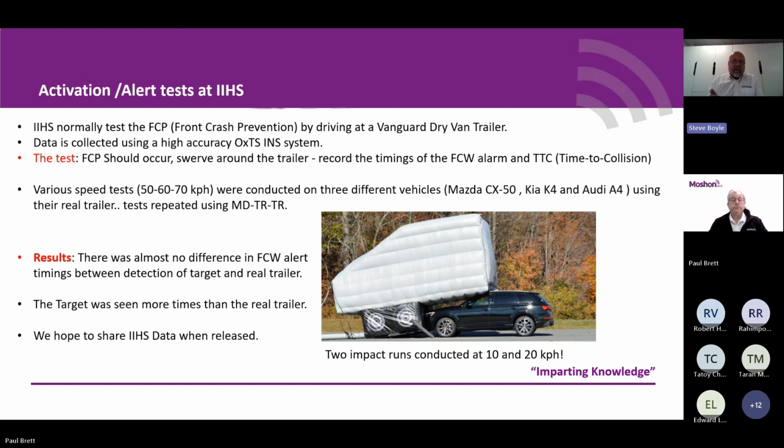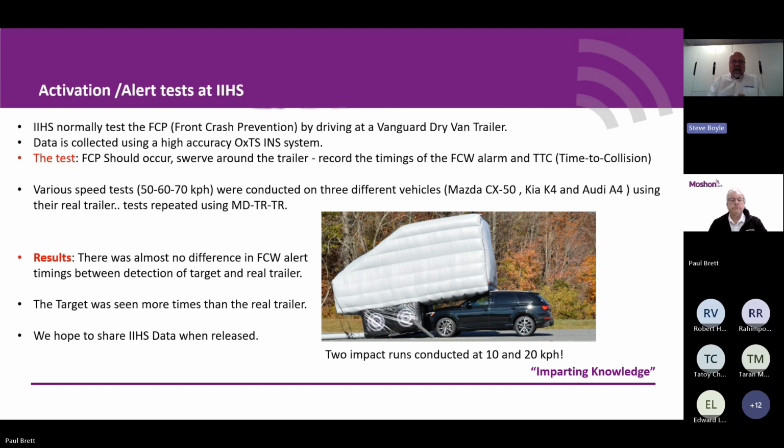They had 3 cars there, a Kia, a Mazda and an Audi. The Audi was using LiDARs and cameras, the Kia and the Mazda were using radar and camera systems. They had previously performed the tests on a real drive Vanguard trailer, and had the data already at hand of the time that the time to collision warning was activated.